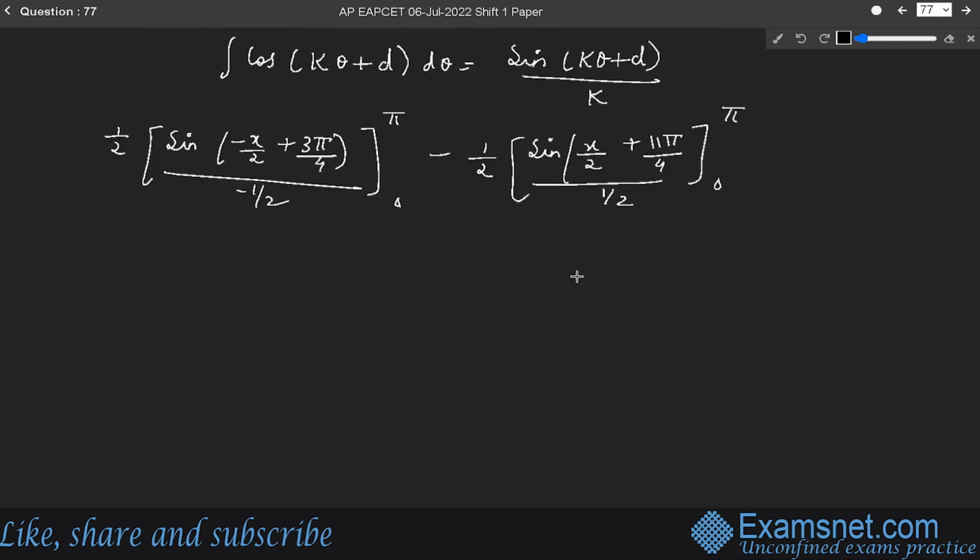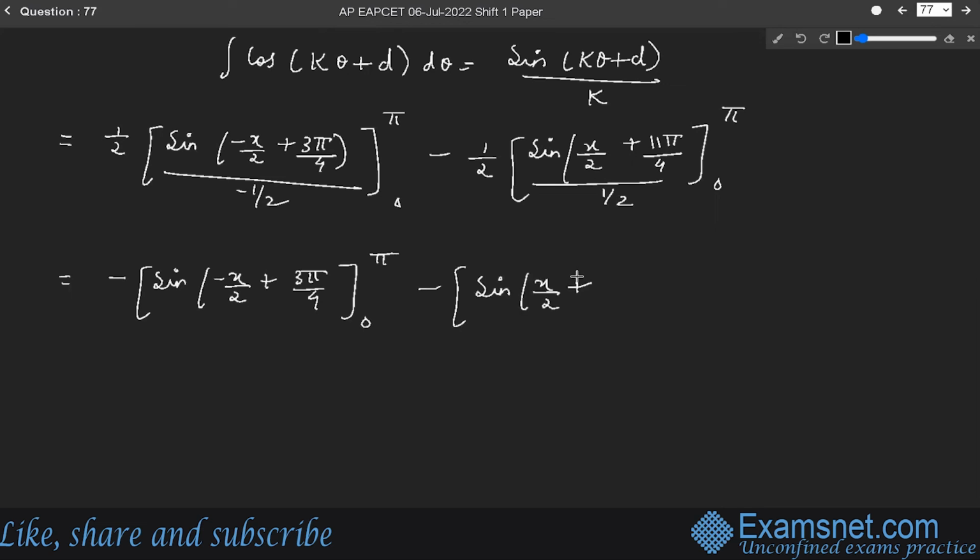So it becomes, this will be equals to minus of sin minus x by 2 plus 3 pi by 4, and the limits are 0 to pi, minus sin x by 2 plus 11 into pi by 4. Again the limits are 0 to pi.